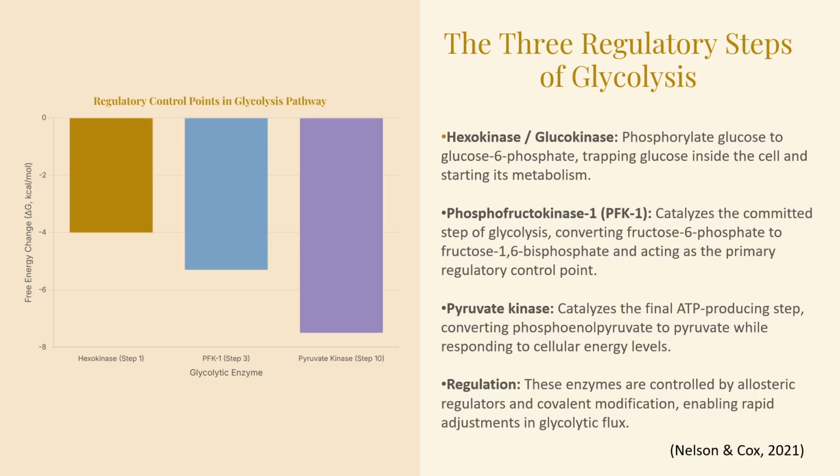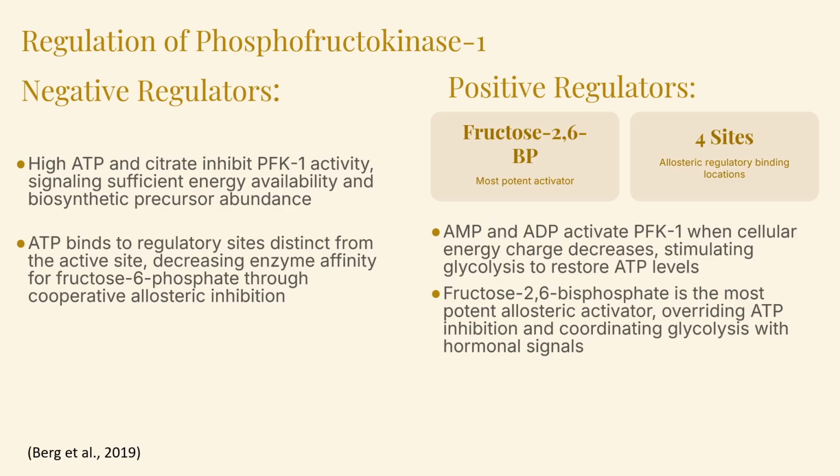This type of regulation ensures that glycolysis operates efficiently and responds appropriately to the energy needed by the cell. PFK1 is considered the most important regulatory enzyme of glycolysis because it catalyzes the committed step of the pathway.